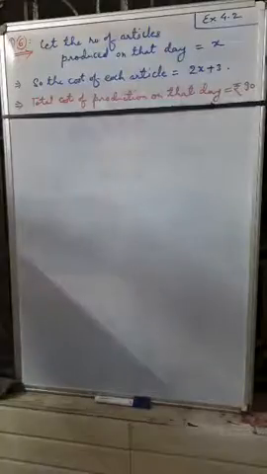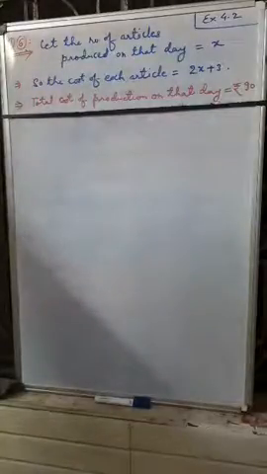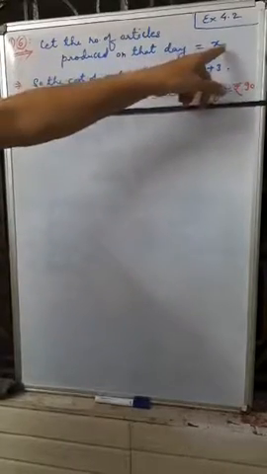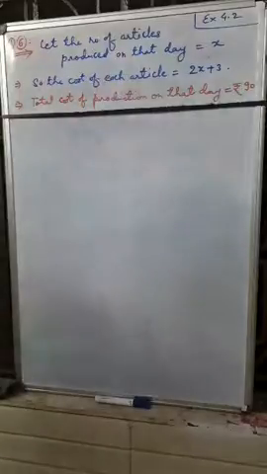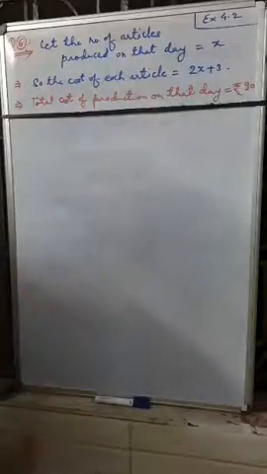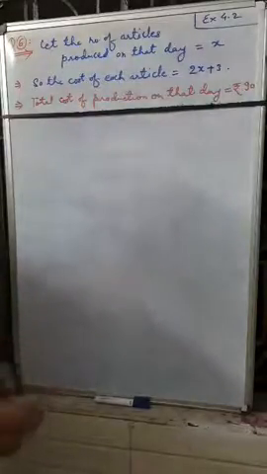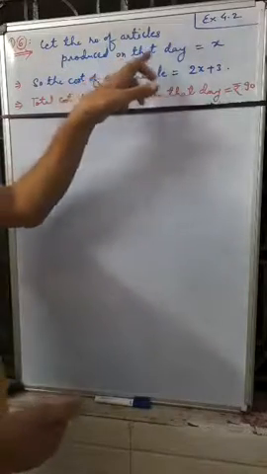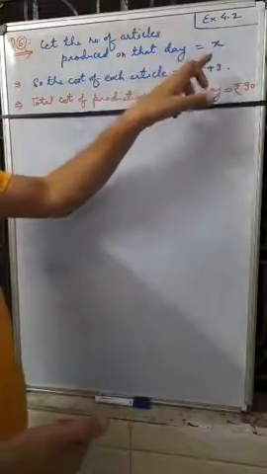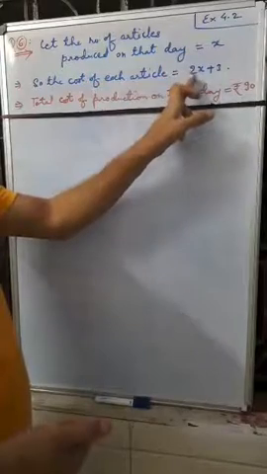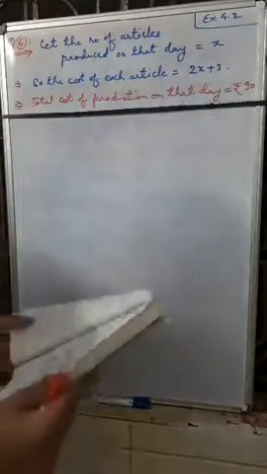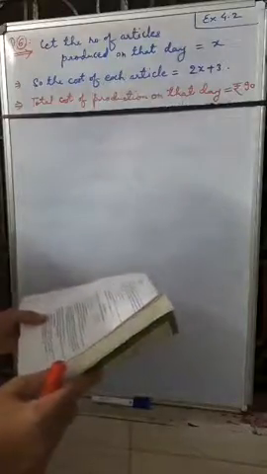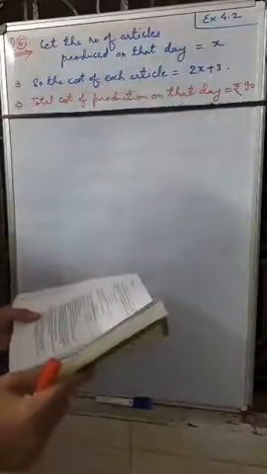So we have supposed the number of pottery articles made that day is x. So what will be the cost of each article? It is written there, 3 more than twice the number of articles produced on that day. So it is given in the textbook, second line of question number 6.